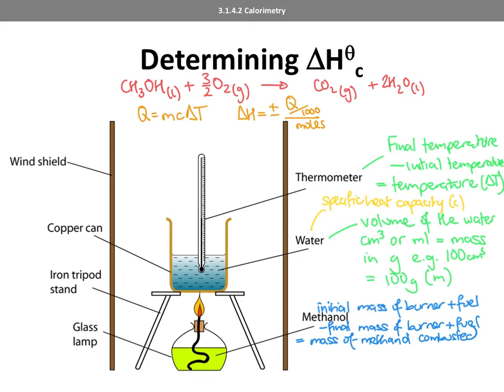So if we then have mass, we could work out what the Mr of methanol is. So we can work out the number of moles that caused that energy transfer by dividing the mass of the methanol that combusted by its Mr.